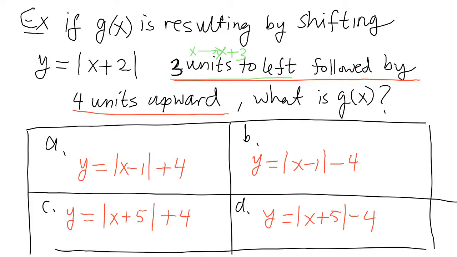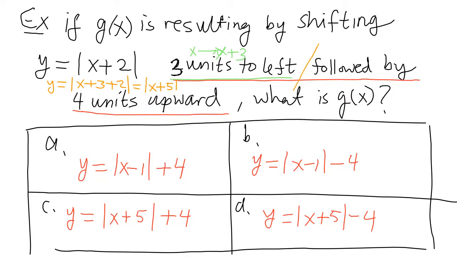Okay, so now just replace x with x plus 3. So y equals absolute value of x plus 3 plus 2, which is absolute value of x plus 5.